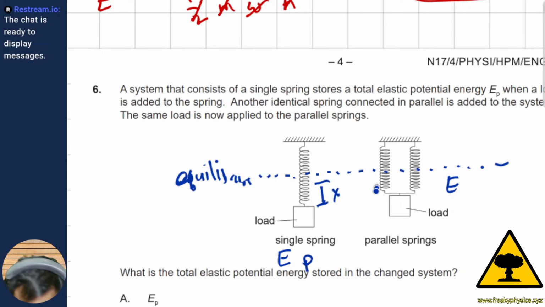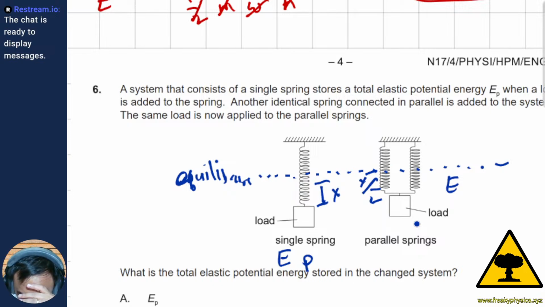Because you have two springs in parallel, the load is being distributed across the two springs. So each spring will have an extension of x over 2.